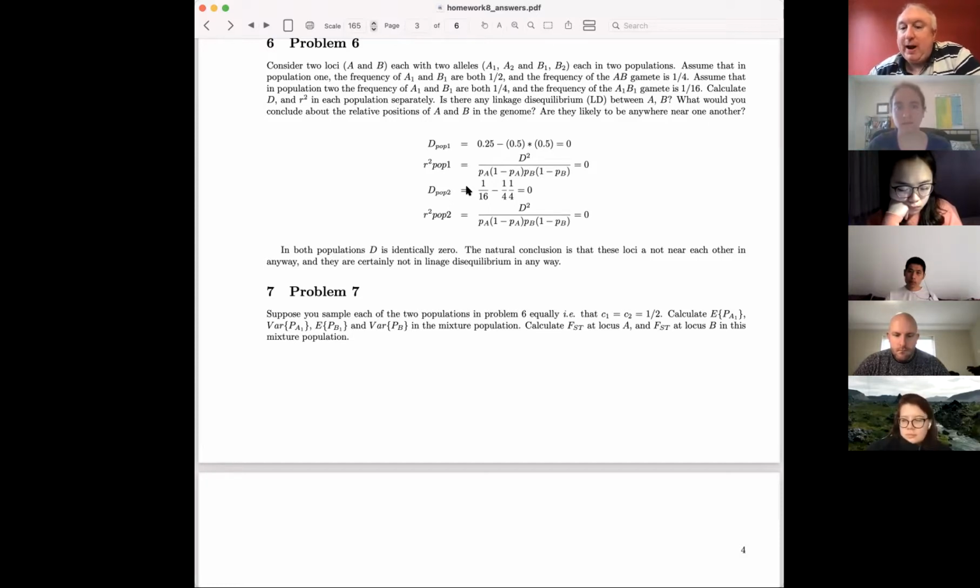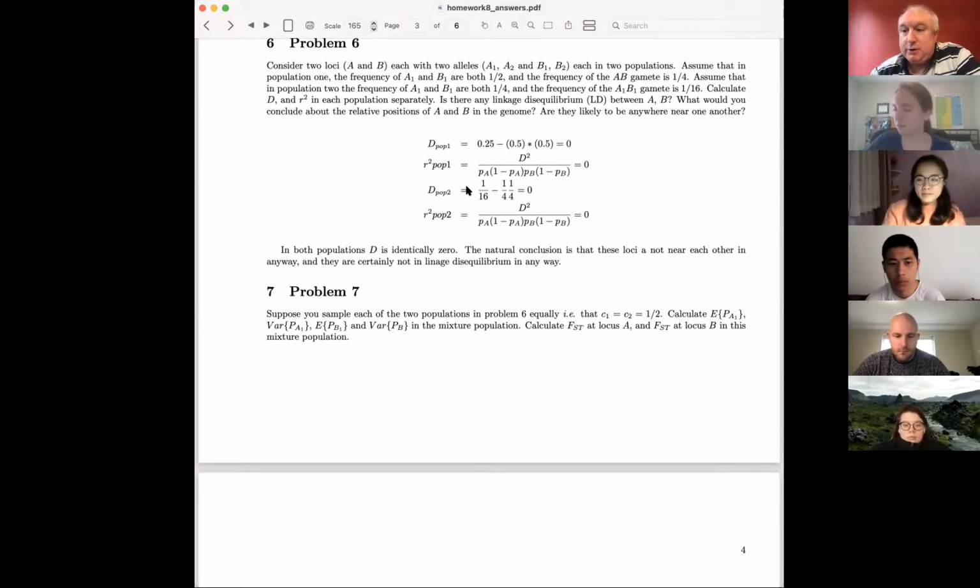And for everything that follows, we'll be doing calculations in population 3. And all sorts of things are going to be true in population 3 that were not true in population 1 and 2.